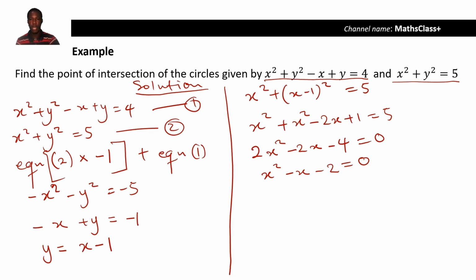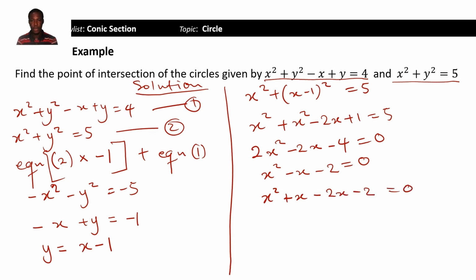So now I find my roots. I'll have x squared plus x minus 2x minus 2 is equal to 0.